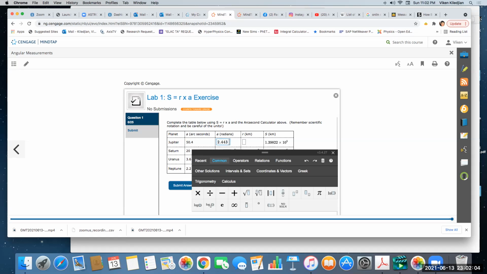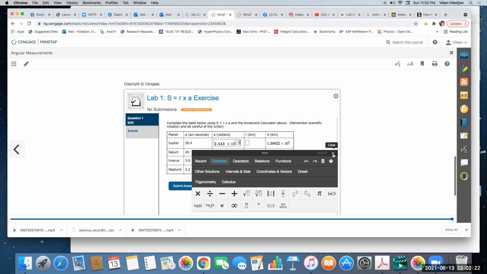2.443 times 10 to the power negative 4. You see? So I'm using that calculator thing that it did.